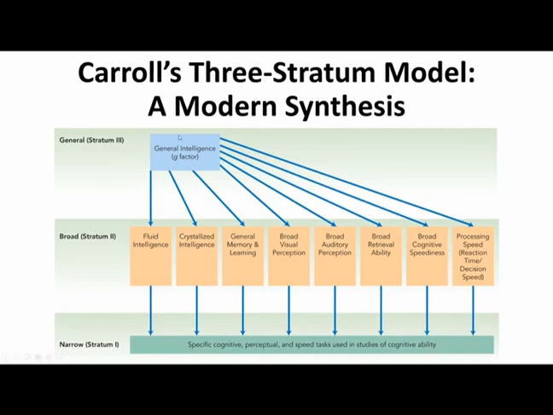And though these three different levels originally came from a factor analysis, Carroll is fairly confident that what was identified in the factor analysis should correspond to actual processes that are going on in the brain. So there should be something related to fluid intelligence that could be found in our brain.